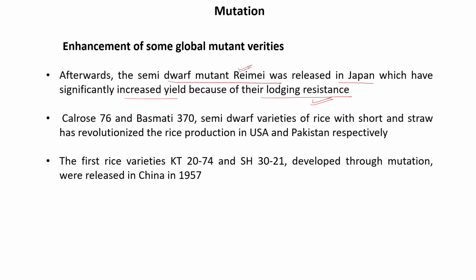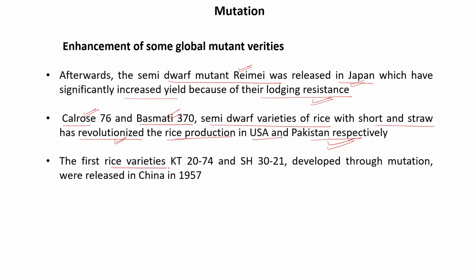This is also one of the mutant varieties of rice. Calrose 76 and Basmati 370, semi-dwarf varieties of rice with short and strong straw, have revolutionized rice production in USA and Pakistan respectively. So these are some of the rice varieties that have revolutionized rice production, especially in USA and Pakistan.